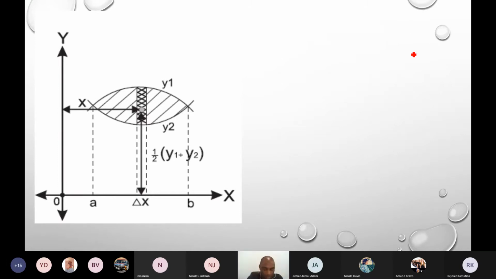So what do we do here? Again, look at this now. From the y-axis, my distance is still x. It doesn't change. But from the x-axis, the distance is half y1 plus y2. Remember, it's at the middle part.